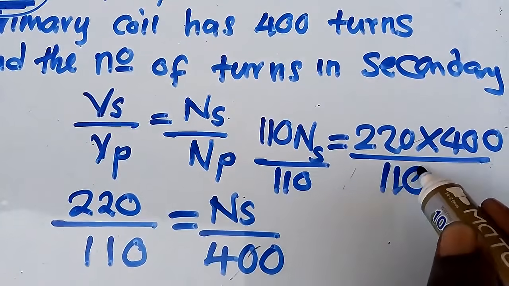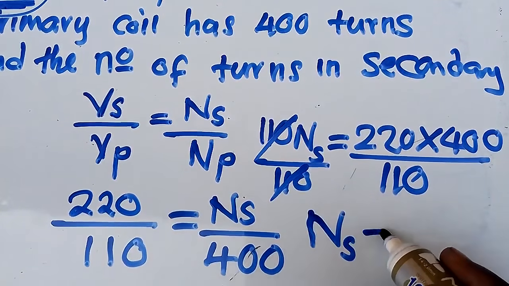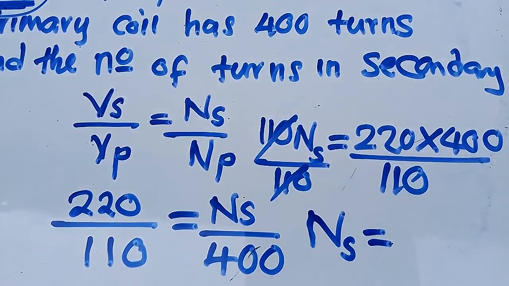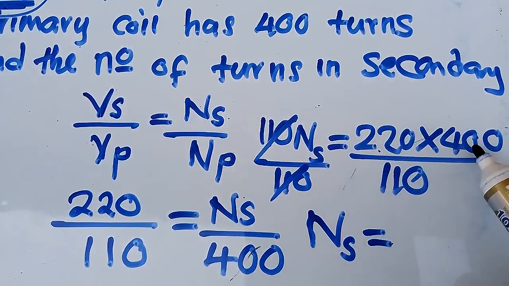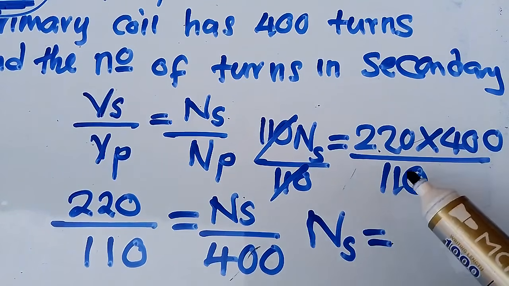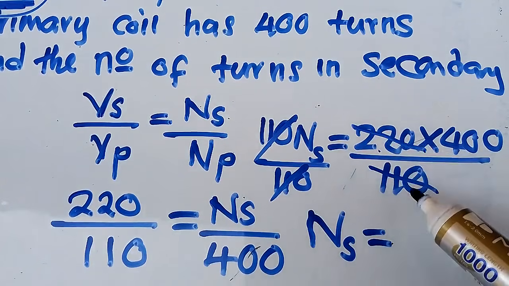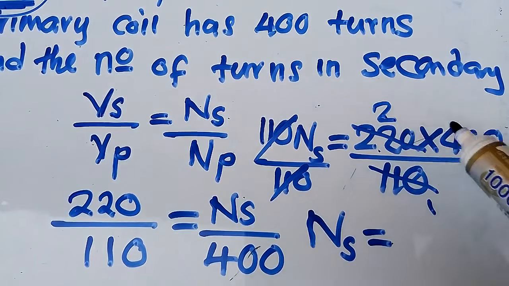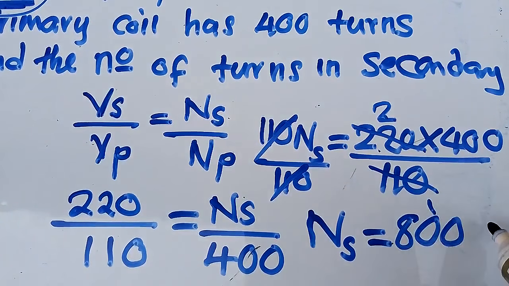This cancels, so I've got the number of turns in secondary equal to 220 times 400 over 110. 110 into 110 is 1, 110 into 220 is 2, and 2 times 400 is 800. So it is 800 turns. That is your answer.